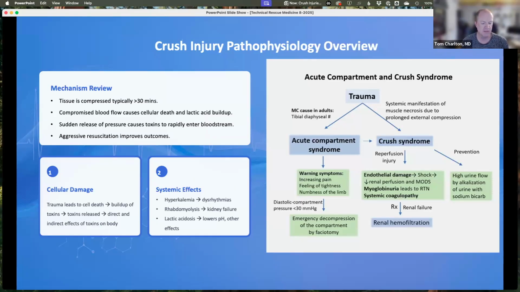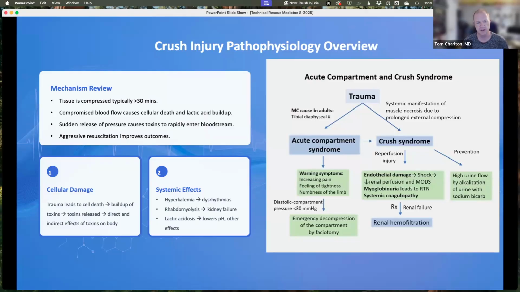It's full of potassium and myoglobin and lactic acid, et cetera, all of which are going to have potentially pretty significant effects, and in some cases can lead to cardiac arrest. We know from study of a bunch of patients with this that aggressive resuscitation while we're still in the act of extricating them can significantly improve their outcomes.